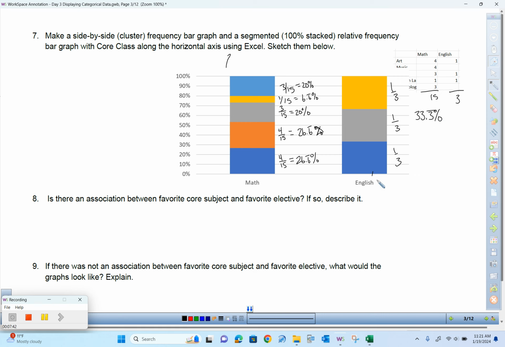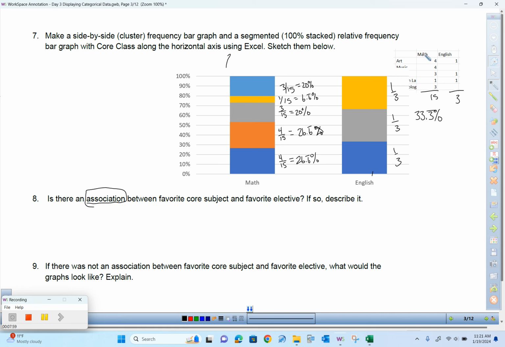of the English people. So now we're going to talk about, is there an association between favorite core subject and favorite elective? If so, describe it. This word association just asks, if I focus on knowing that a student prefers math, or if they prefer English, would that change the likelihood of them choosing, I'm going to go with an obvious one here, art?